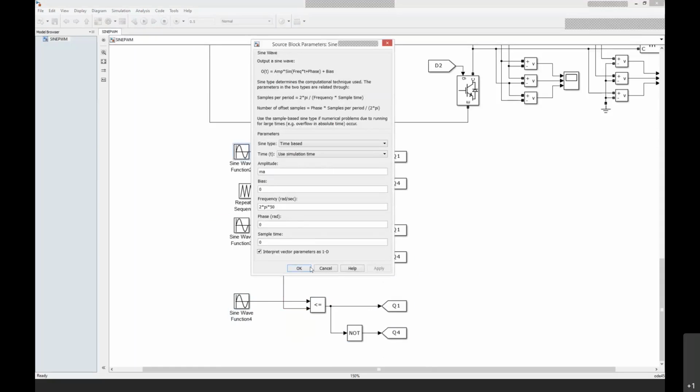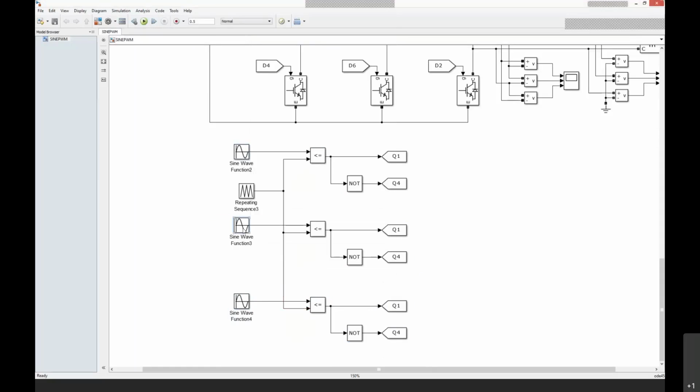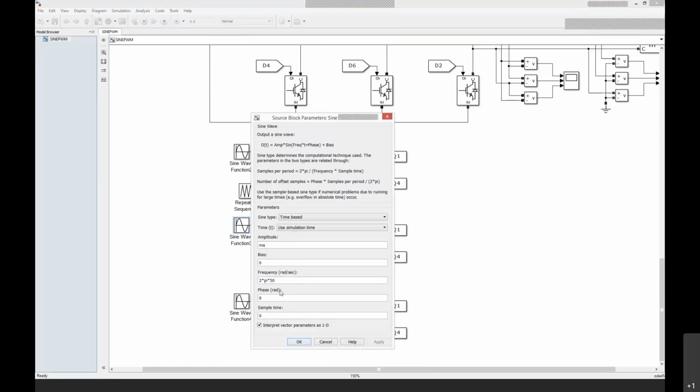So here this is the modulating signal for A phase, right? If you assume this is M sine omega t, then for B phase it is M sine omega t minus 120 degrees. That means it is shifted by 120 degrees.